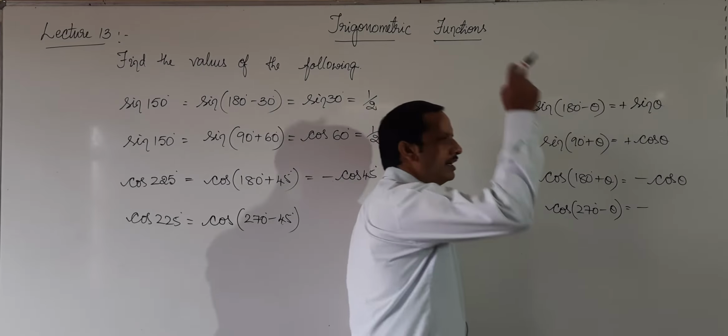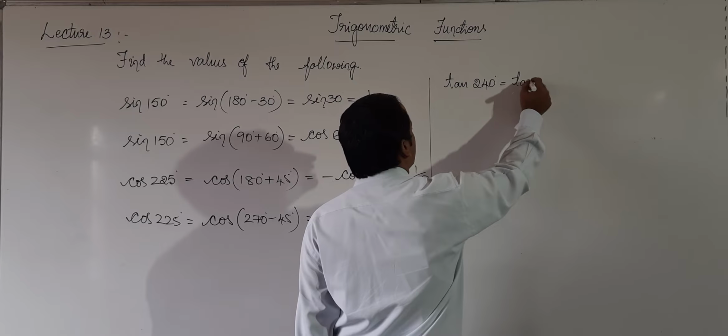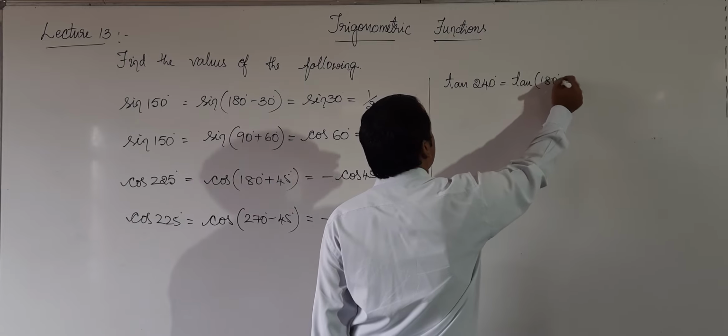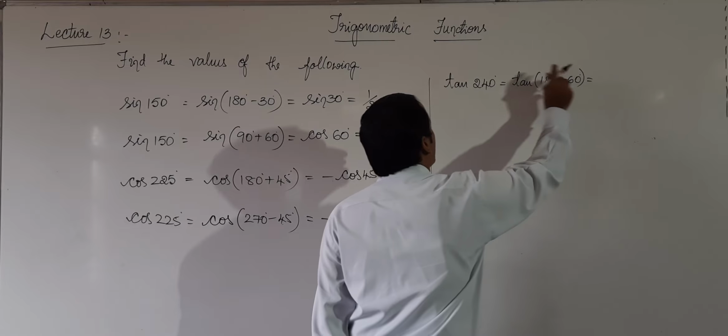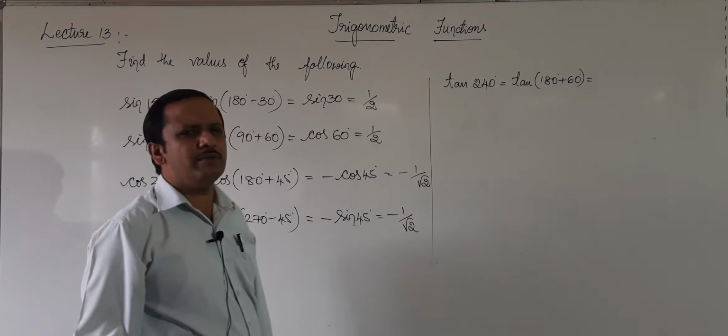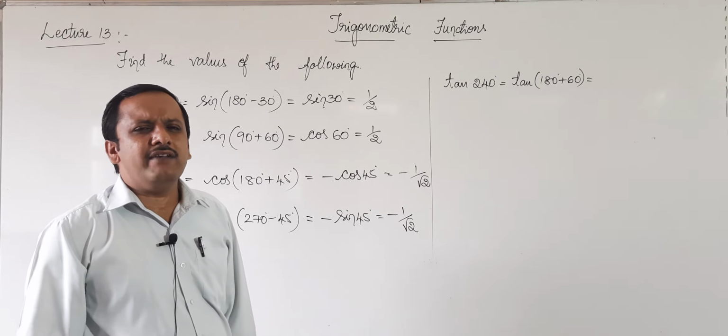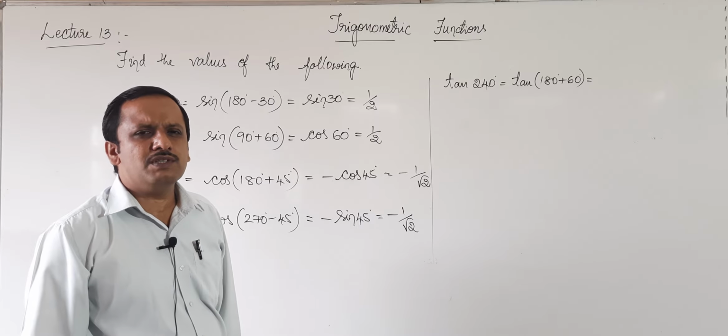Okay. Then, after this, let me find out tan 240 degree. This 240 degree, we can write as 180 plus 60. Tan(180 plus 60), which quadrant?